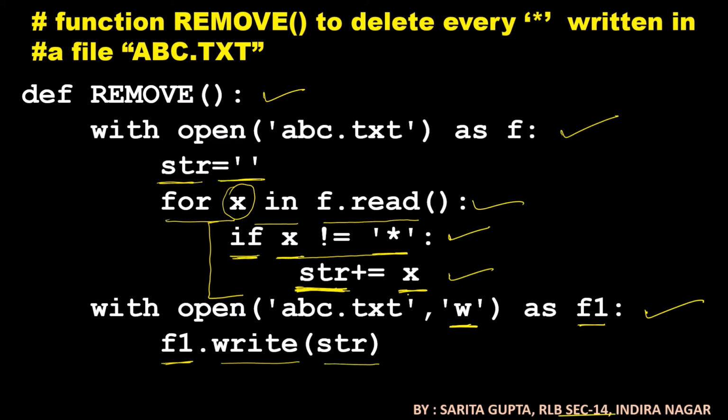Opening the file in write mode will destroy the pre-existing contents of the file, and then writing str onto the file will write the modified data, that is all characters except asterisk, onto the file. At the end of each with block, the file will be closed automatically. Thus, this will be the required definition for the function remove.